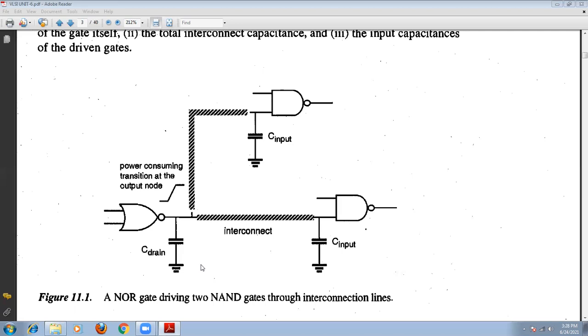The capacitor discharges. That's why we call it the charge-down phase. And during the charge-up condition, the output capacitance dissipates power in the form of heat.